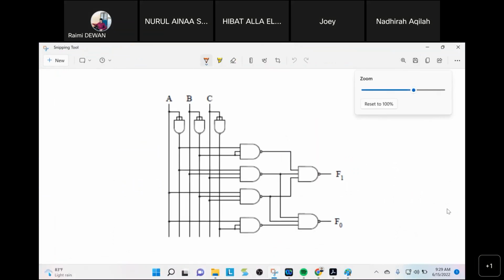You remember a NAND gate can also perform as a NOT gate. You just need to double or triple the inputs. This one performs as a NOT gate, this one also as a NOT gate, and so on.